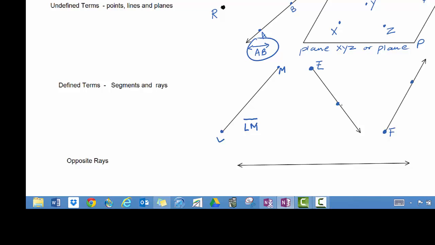So we could call this ES and FT. So the way I write it is ES. Note that the arrow always goes towards the right. So these are rays ES and FT.